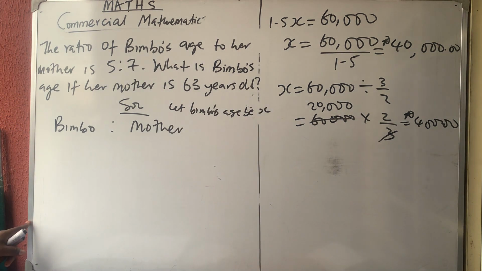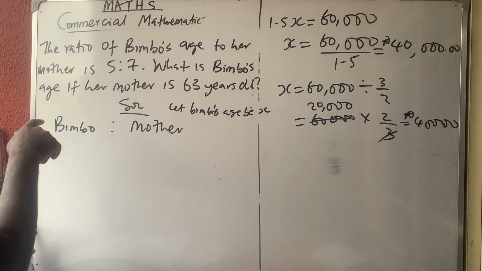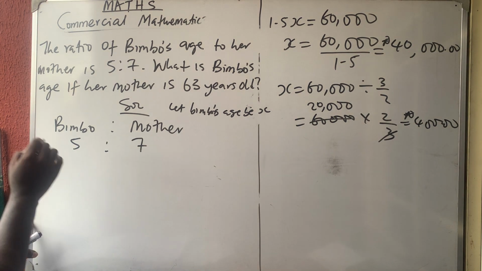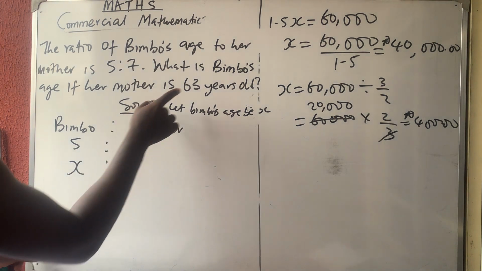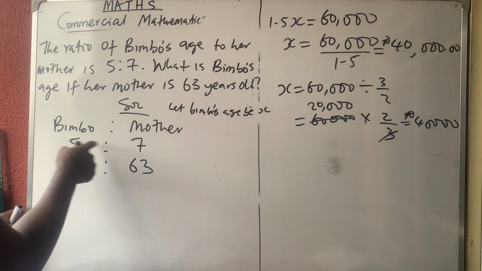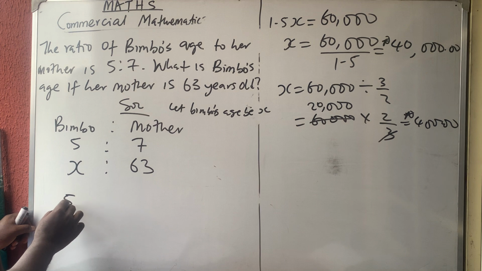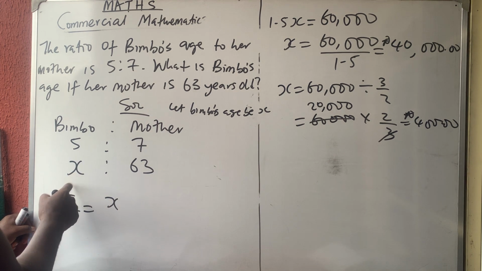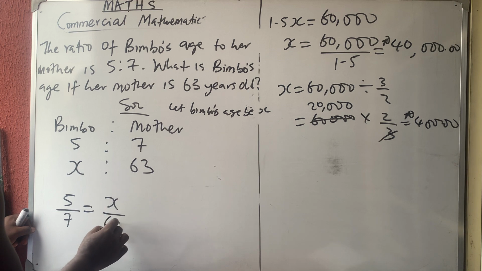So let Bimbo's age be x. So now the ratio is 5:7. Then their age is now x is to 63. So let us do that. And don't forget that is to means divide, which is 5 over 7 is equal to x, the first one written, over 63.